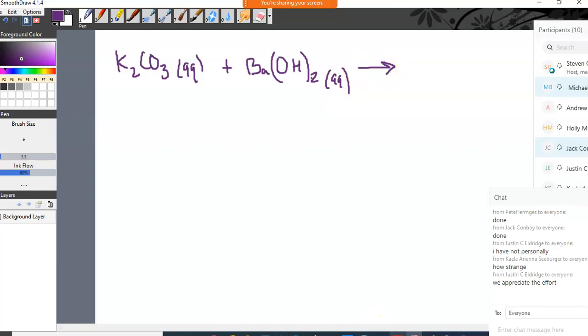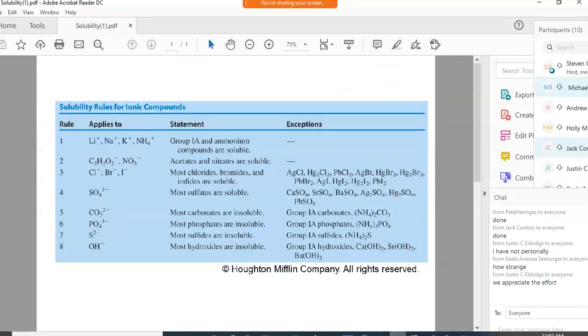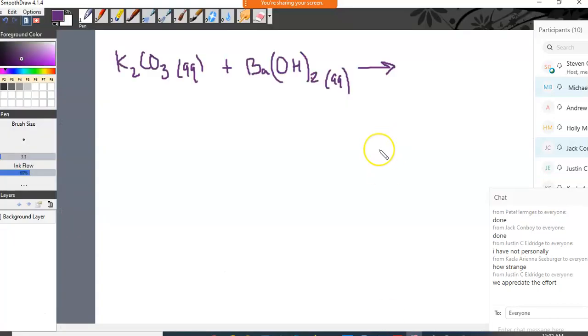All right, let me just double check something real quick. Okay, good. Okay, so do the whole thing here. Finish the molecular compound. So this top one is called the molecular compound. It shows all the molecules. Then do the complete ionic. And then do the net ionic.